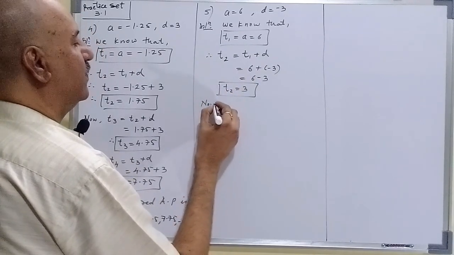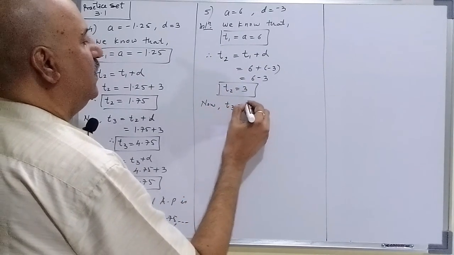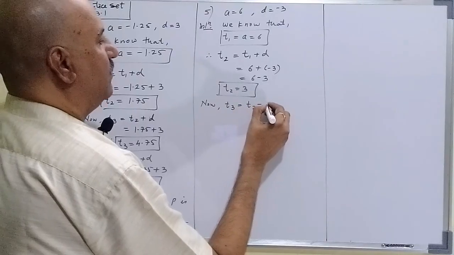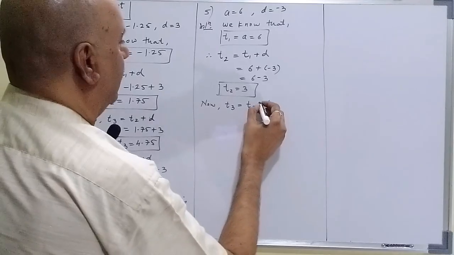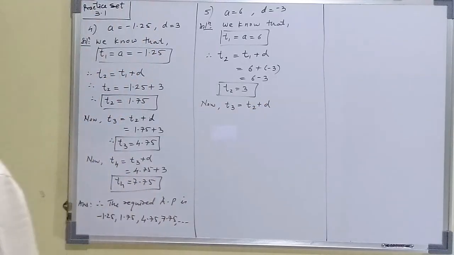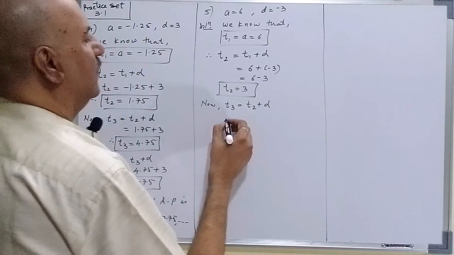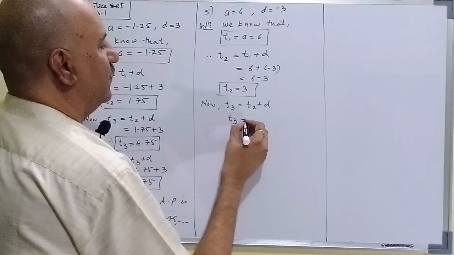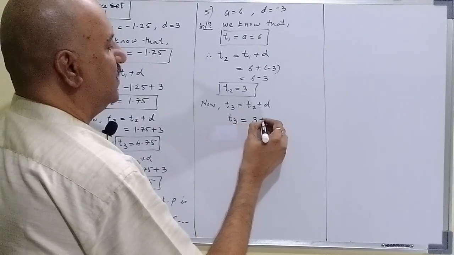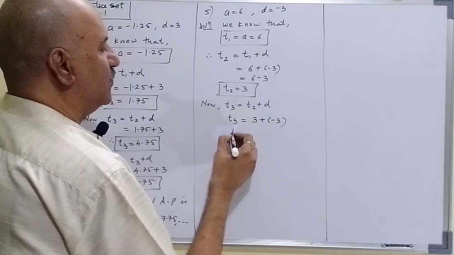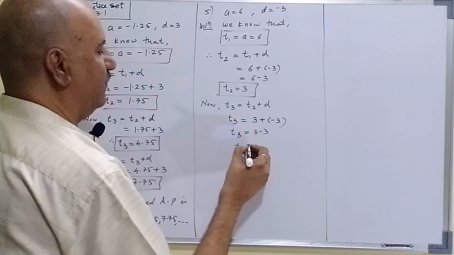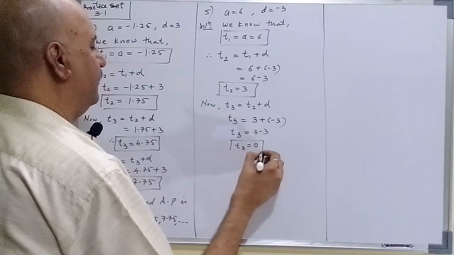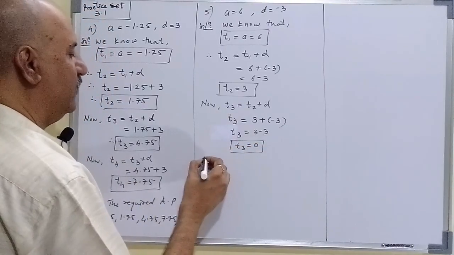Now we go for T3. T3 will be T2 minus D. Sorry, T2 plus D. So T3 will be T2 is 3 plus of minus 3. So T3 will be 3 minus 3. T3 will be 0. Now you go for T4.